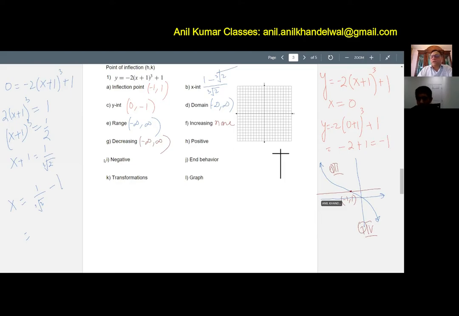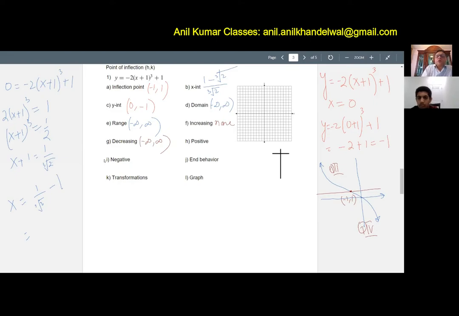Y-intercept is at minus 1. And we have this point, 1 over cube root of 2 minus 1, which is going to be negative, correct? So it is positive on the left side of the x-intercept, right?